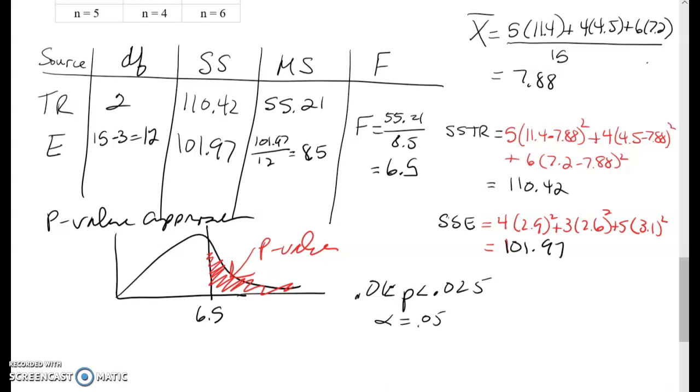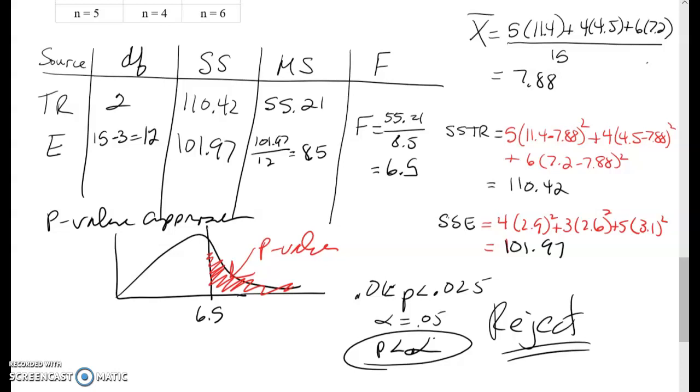Alpha is 0.05. Clearly, you make that comparison. If p is less than 0.025, it must be less than 0.05, which means it is less than alpha. That is a small p, and small p's cause us to reject.